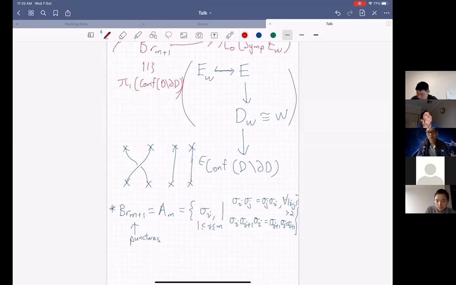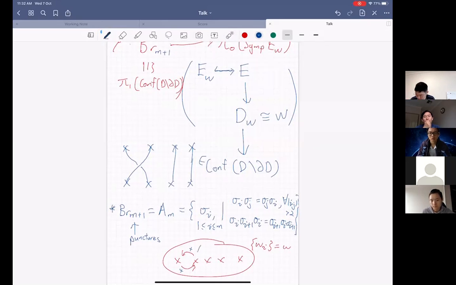Okay, so let me draw the picture again. These punctures are written in W_i, and the set of W_i I call W. When you move around a bit here, you get a different W. You move back to the same W again after you do the Dehn twist.